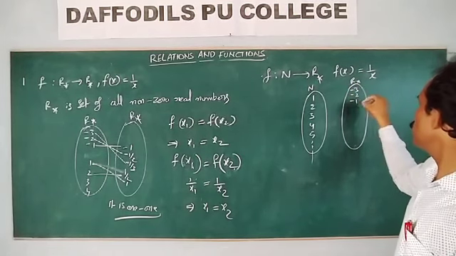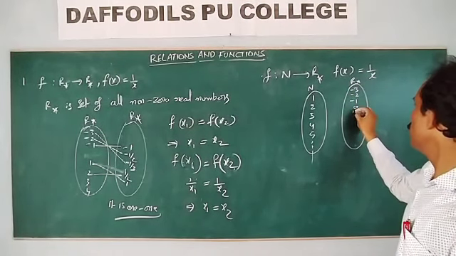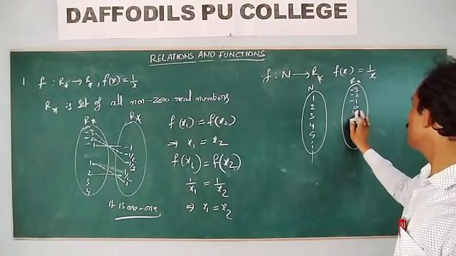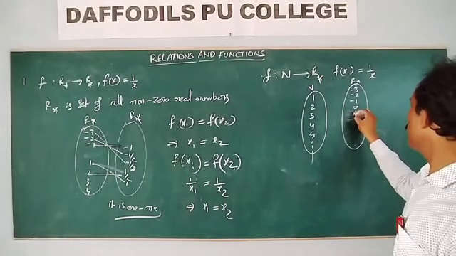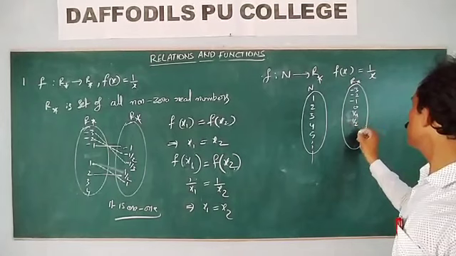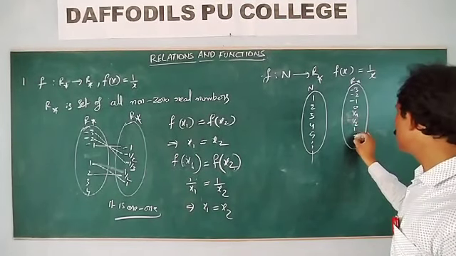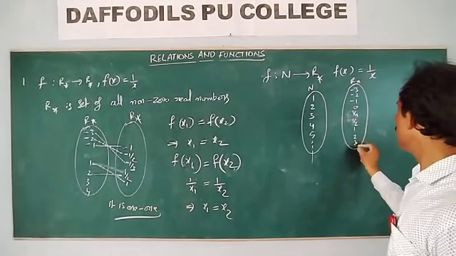Codomain elements like 1 by 4, 1 by 2, 1, 2, 3 and so on.